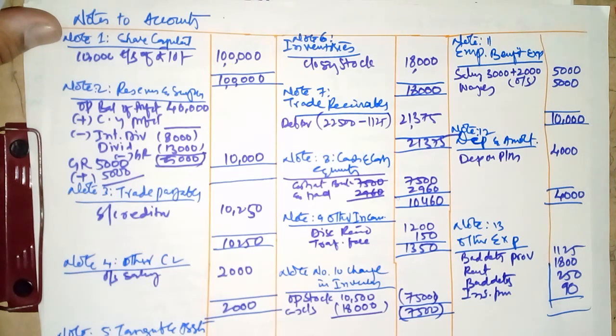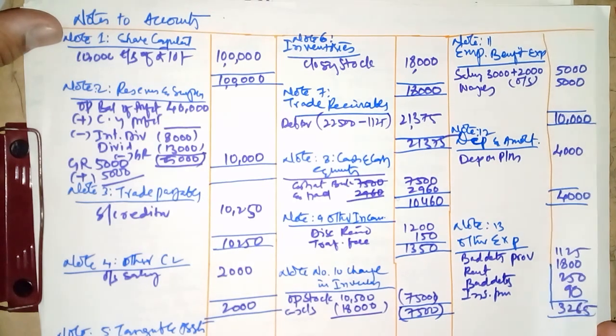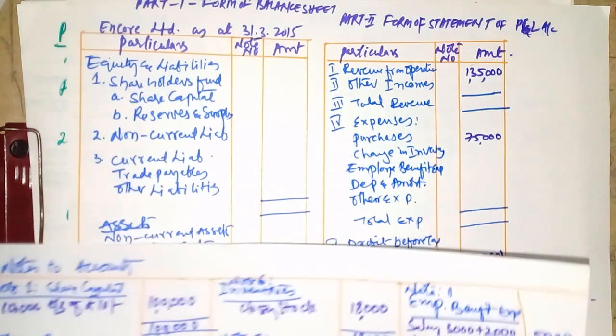So the summation comes to 3265, right? So this is 3265, we are getting summation. Clear? Once this summation is got, next we will proceed with preparation of first revenue statement.